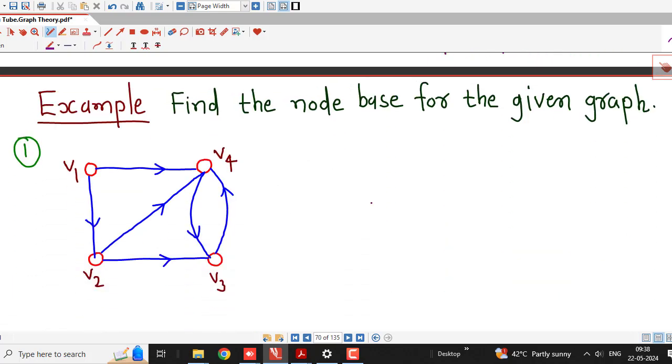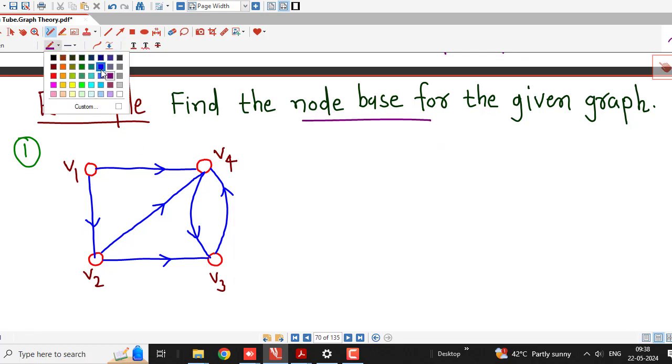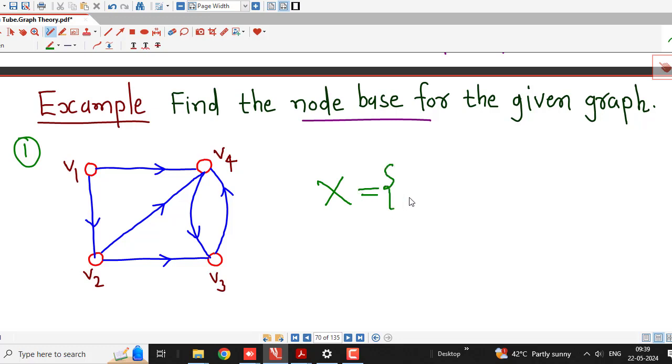Here I have taken one graph in which we can check the node base. If we are interested in the node base for this graph, first we will check whether there is any isolated point or not. Here there is no isolated point, and here we have V3 to V4 and V4 to V3.